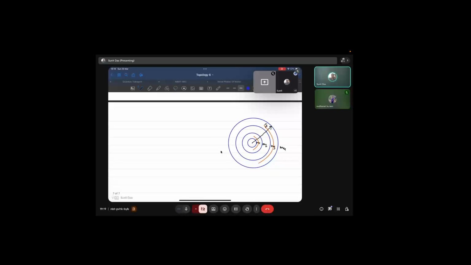So this is my energy levels, and these are some energies, right?